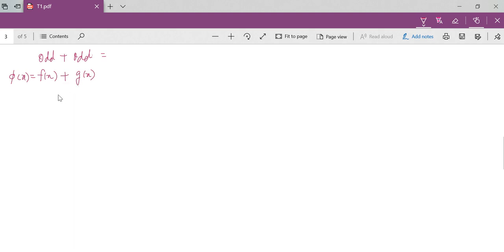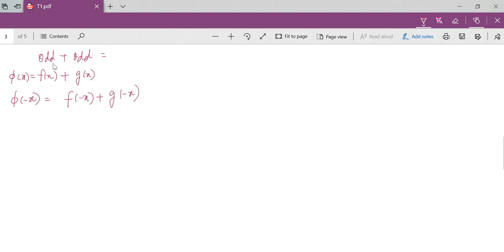So I just check it. Let me use the mathematical rule, because presently I don't know the graph. I just know that my f of x is an odd function and my g of x is also an odd function. I just insert negative x instead of x. What do I get? I get f of negative x plus g of negative x, right?